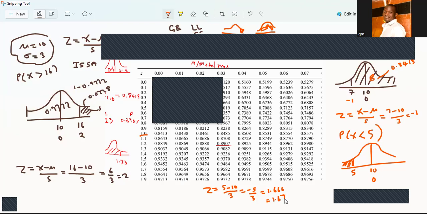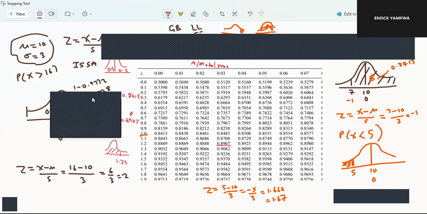So what is the reading for 1.67? 0.9525. So can you tell me, is this reading the small part or the big part? How can it be a small part? All readings here, I mentioned, are big parts, above 50%.